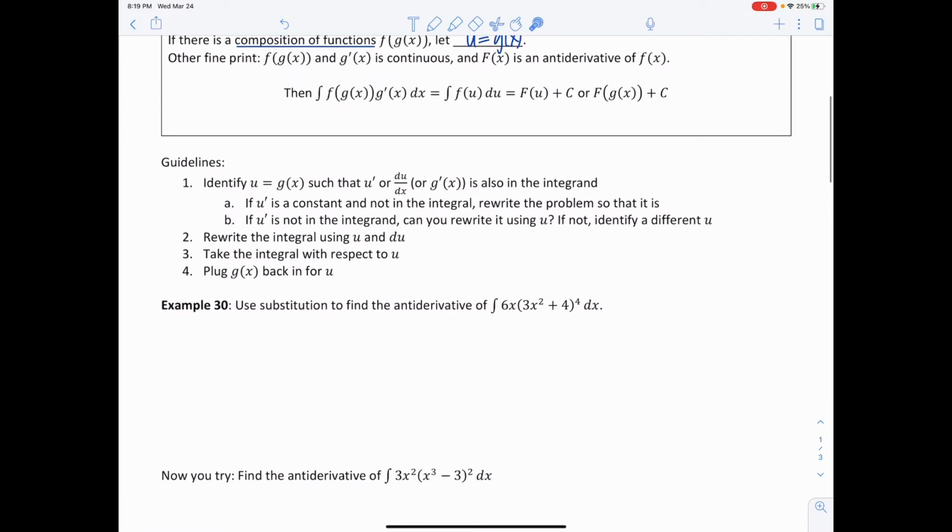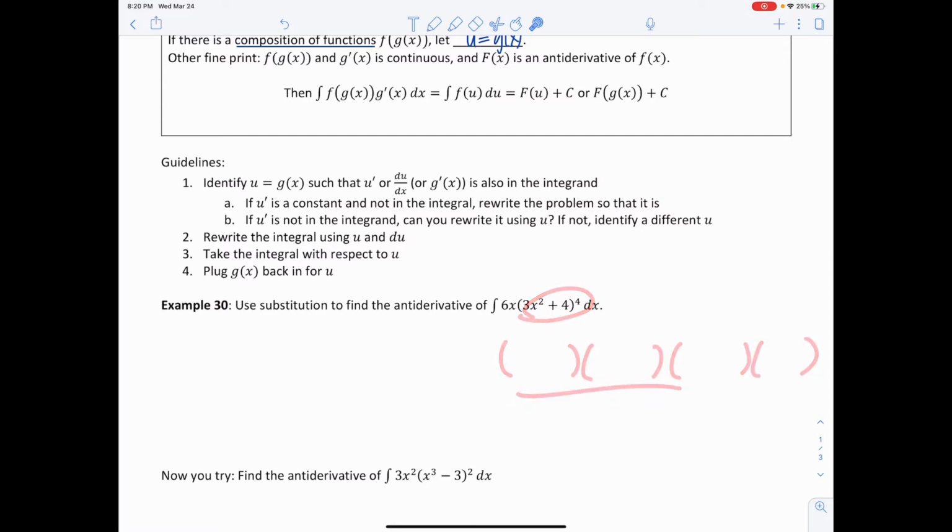Here are some guidelines. So first, let's actually look at an example and then we'll go through the steps. Use substitution to find the antiderivative of this integral. What you could technically do is multiply this out 4 times.